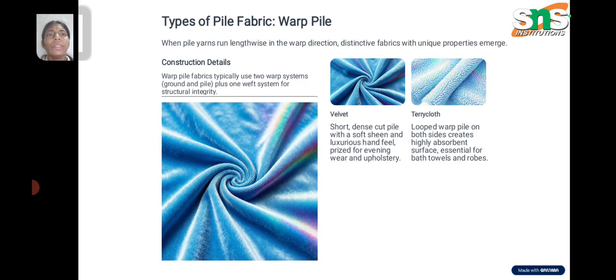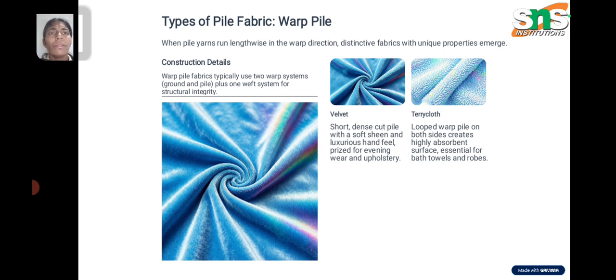The next is types of pile fabric. The pile fabrics are classified into two types. One is warp pile fabric and the other one is weft pile fabric. Now we are going to see about warp pile fabric. When pile yarns run lengthwise in the warp direction, distinctive fabric with unique properties emerges.